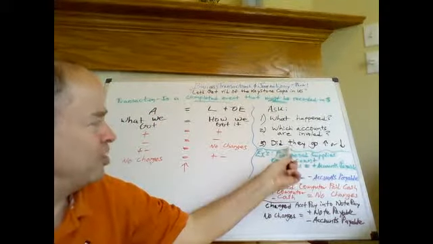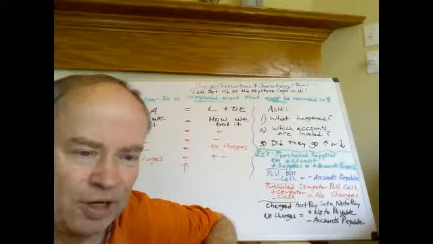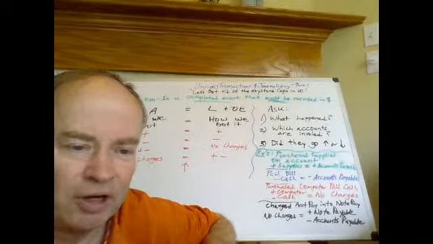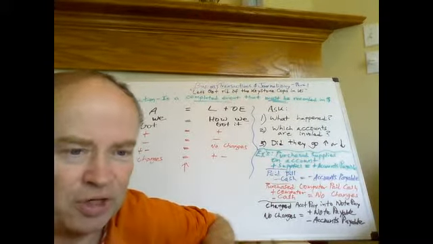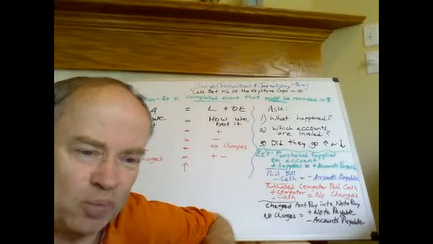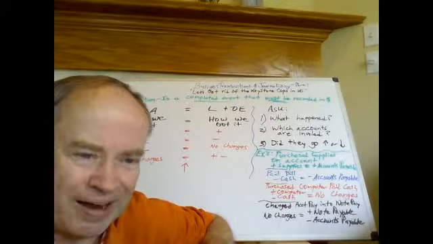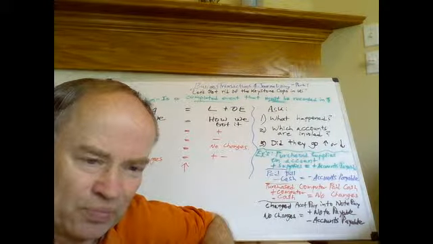And then the last thing, did it go up or down? If I paid rent, have I paid more rent than I did prior to this payment? Yes, so rent expense would go up. If I paid it in the form of cash, do I have more cash or less cash? I have less cash, so cash would go down.